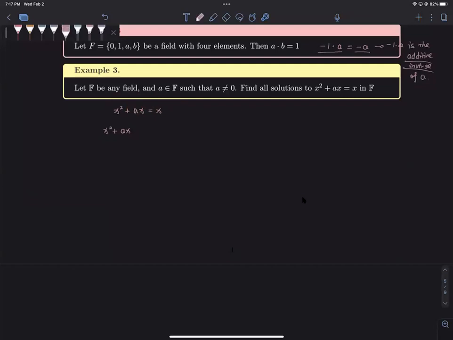So I'm going to add negative x on this side. Okay, so this side will be 0, but this side, we don't know yet. So this side, I'm going to take out the negative 1 using whatever we proved in lecture.